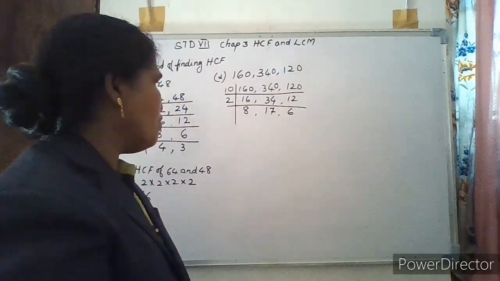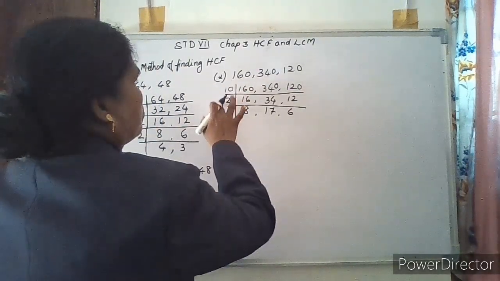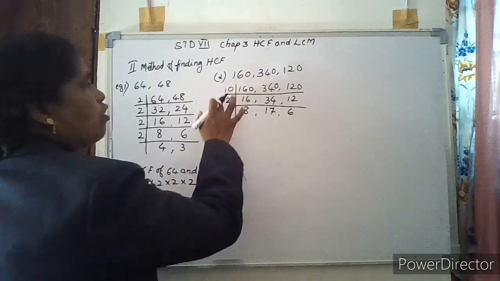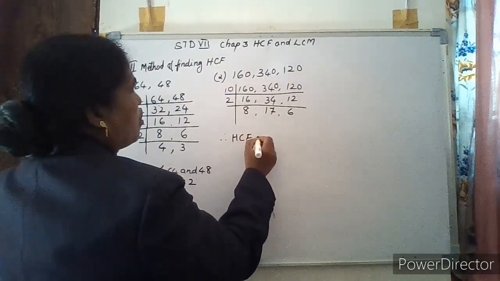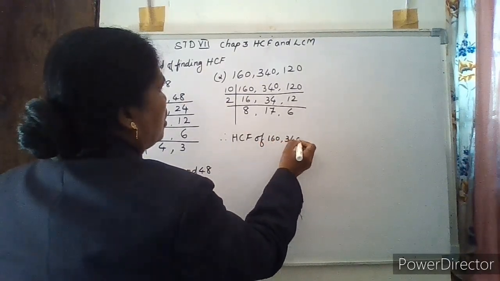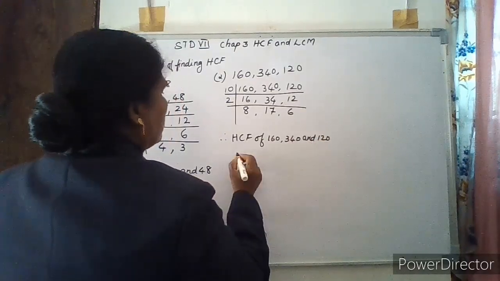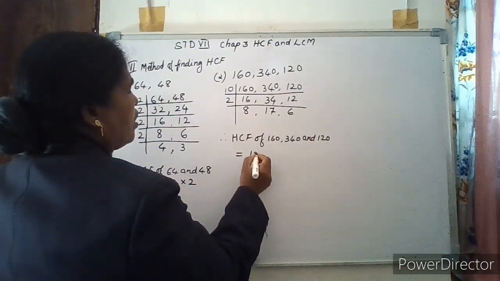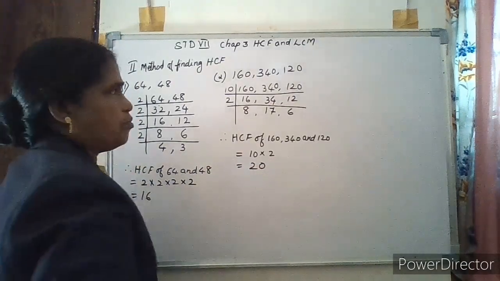Therefore stop the division. The product of the divisors you have got will be the HCF. Therefore HCF of 160, 340 and 120 is 10 into 2, and that is equal to 20.